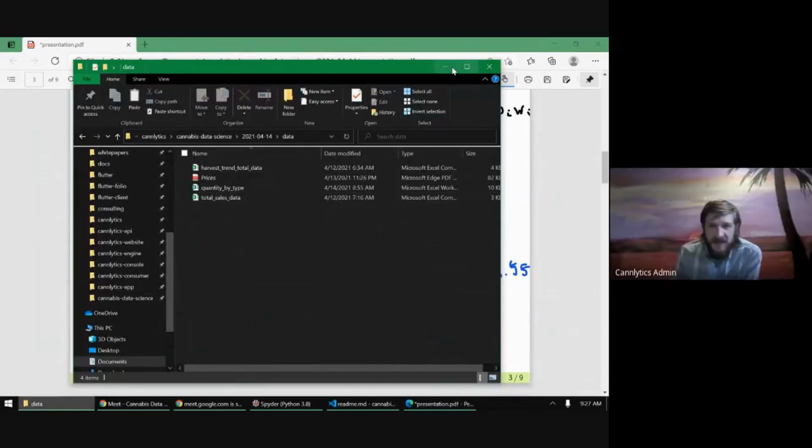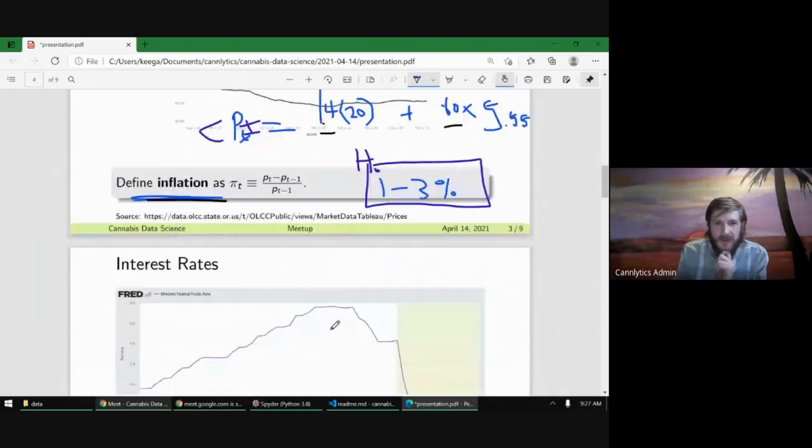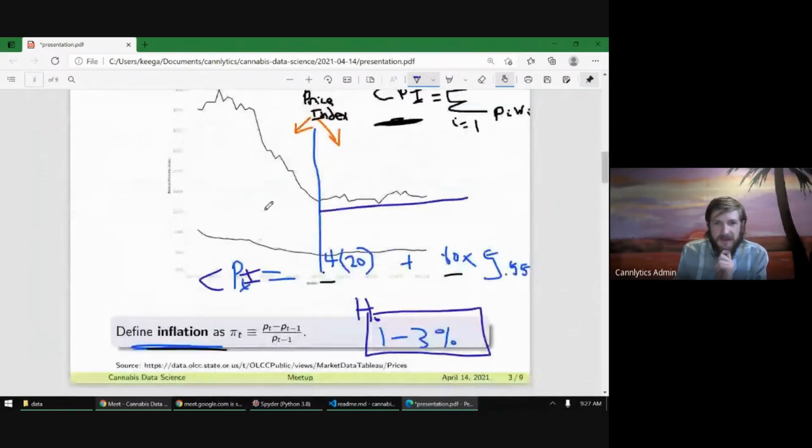I must have saved it in some weird place, but I gathered the data from the Oregon state dashboard, and so next week we can dive in and basically calculate the inflation rate.